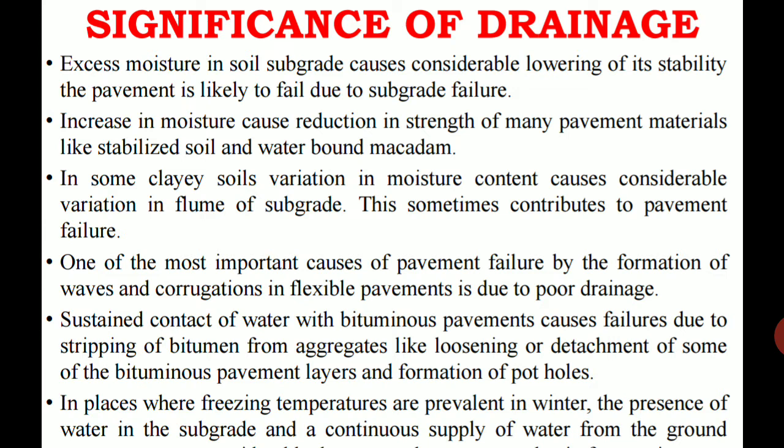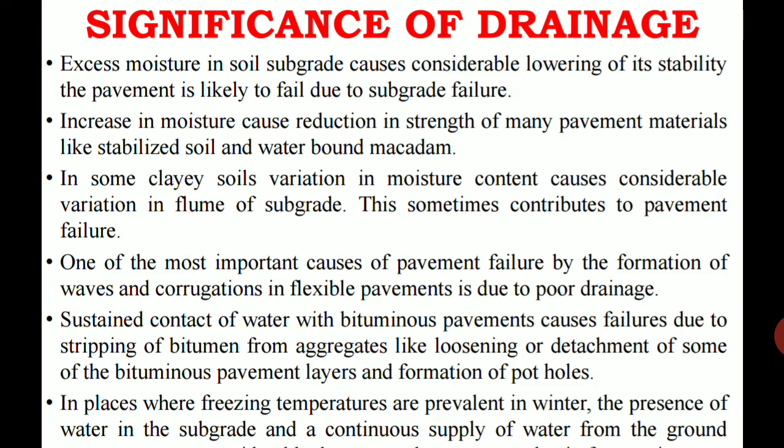So you will be having different clays here. Variations in the moisture content, for example you can take black cotton soil, right? If it has more moisture content, it is going to swell, and if it has less moisture content, or if it is dried, it shrinks, so its volume changes.